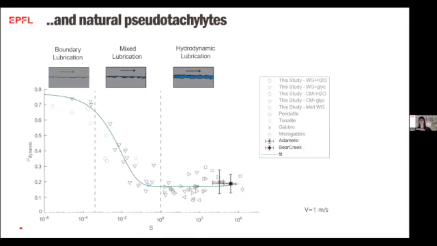We try to do the same for two very well-known outcrops where we can find pseudotachylite. Pseudotachylites are frictional veins, so paleo earthquakes where we had frictional melting veins during earthquakes.